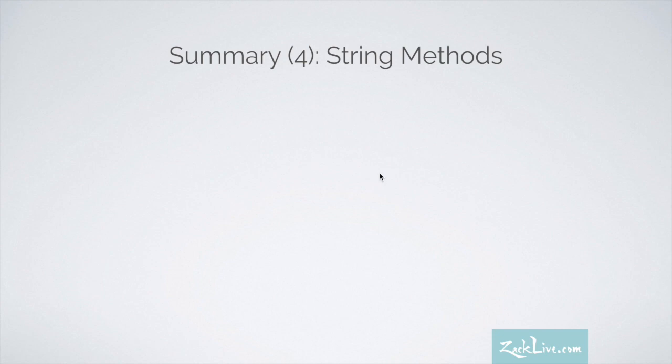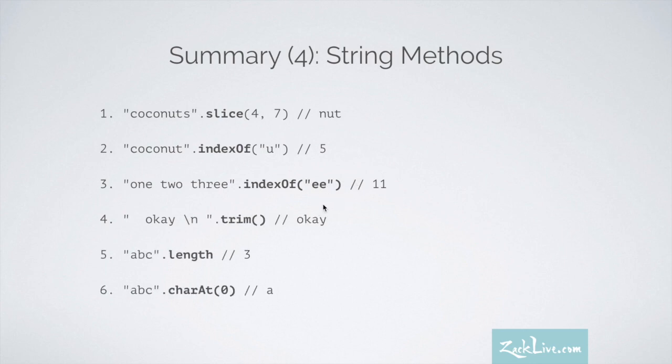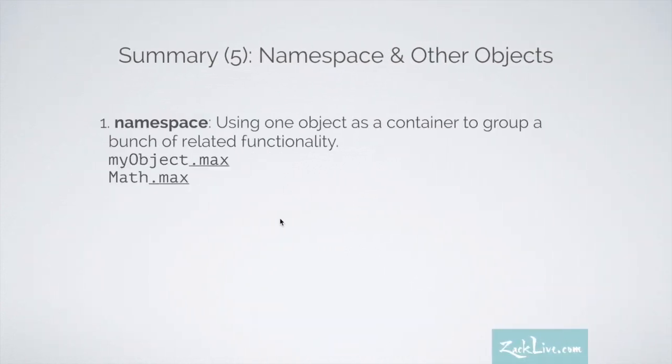We also learned some string methods like slice, indexOf. indexOf can be used with multiple characters, and trim, length, charAt, and we also know we can access a certain character with square brackets and the index. Namespace.